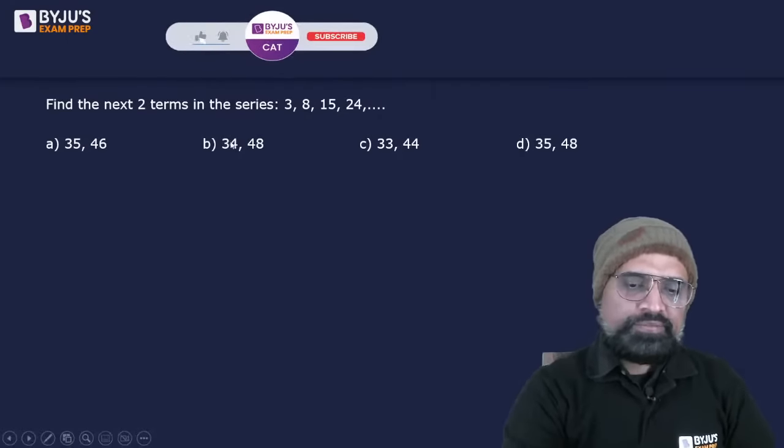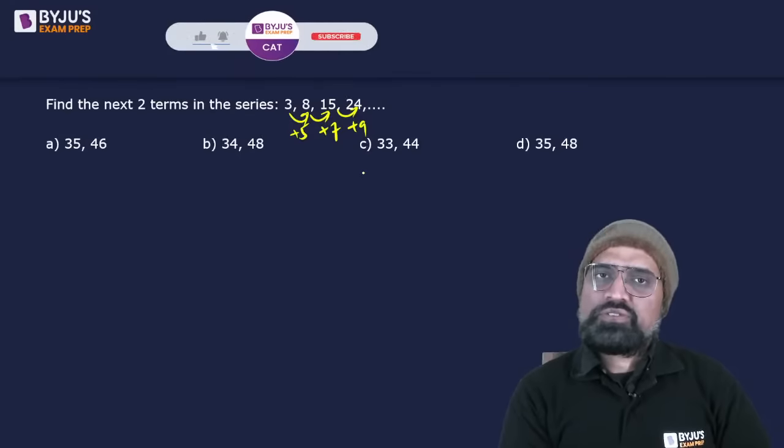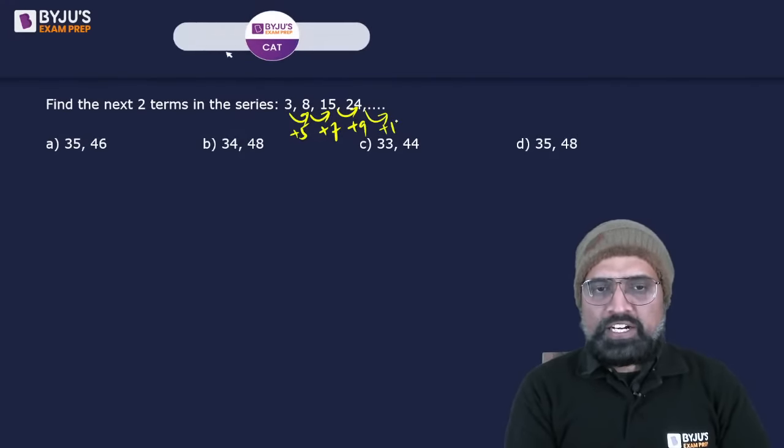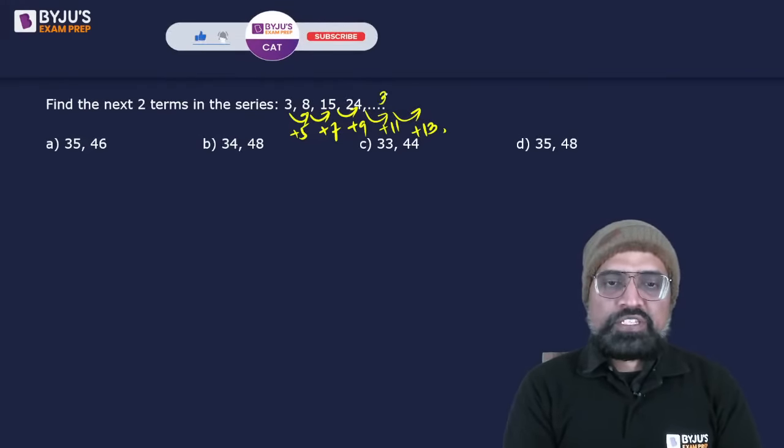Straightforward, right? There is a jump of 5, there is a jump of 7, there is a jump of 9. So this is an increasing odd number jump. So the next jump should be that of 11, the next jump should be that of 13. So 24 plus 11 will give us 35 and 35 plus 13 will give us 48. Way too easy, right?